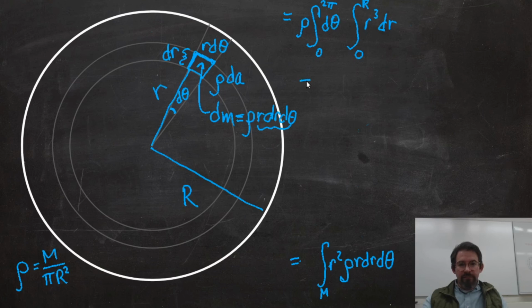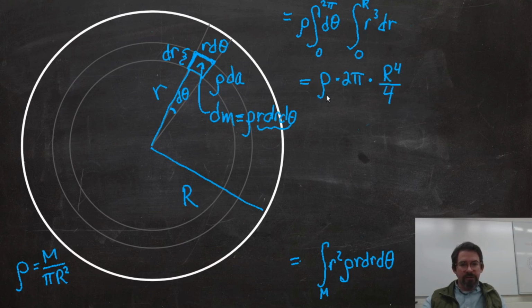Let's evaluate. We have rho times the integral of d theta, which is just theta. Plugging in my theta at 2 pi minus my theta at 0 gives me a 2 pi. And integrating r cubed gives me an r to the 4th over 4. Plugging in my bounds, I have then big R to the 4th over 4.